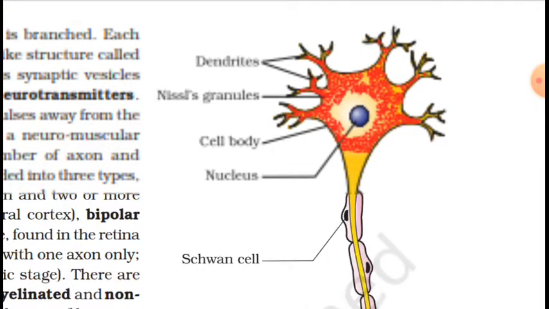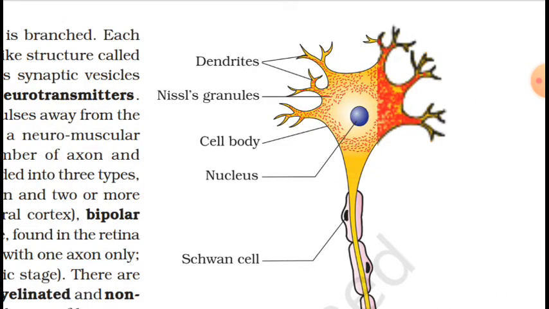Here you can see in the cell body, the nucleus is there, cytoplasm is there, and Nissl granules are arranged. On one side, branching dendrites, a fiber-like structure, you can clearly observe here, and on the other side, the fiber known as the axon is present. So the main parts, cell body, dendrites and axon, we can study here.